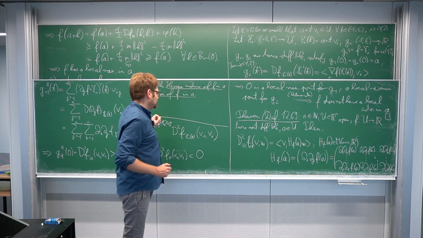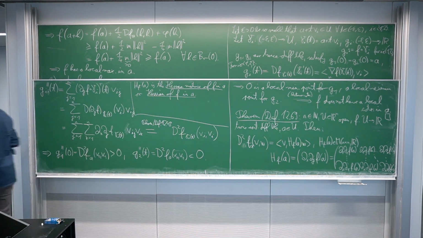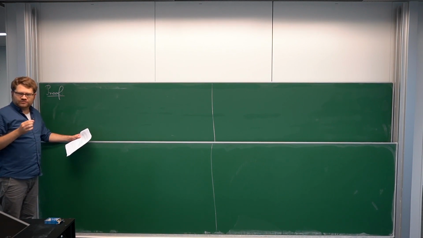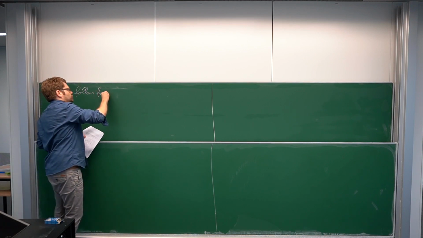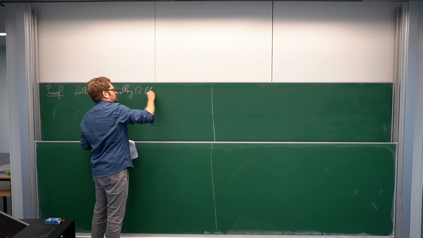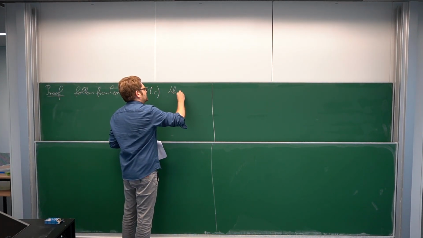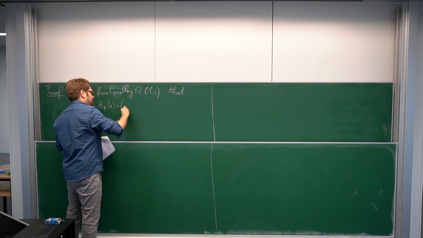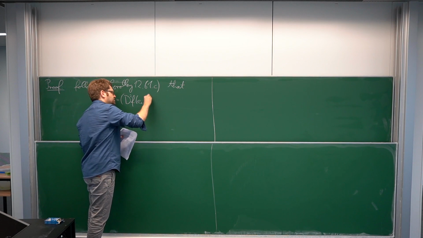Let me lose a few words on the proof. I need some more space for this, and then we'll go on. The good news is there is not much to prove because we can just use the corresponding result for bilinear forms. Namely, it follows from corollary 12.6.1, point C, which described the entries of the matrix representing a bilinear form, that the entries of Hf of a must be D²f with e_i, e_j inserted.